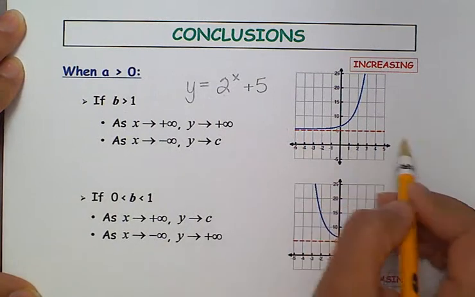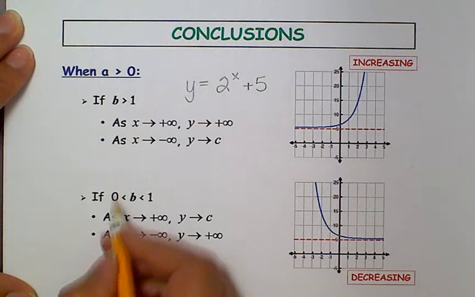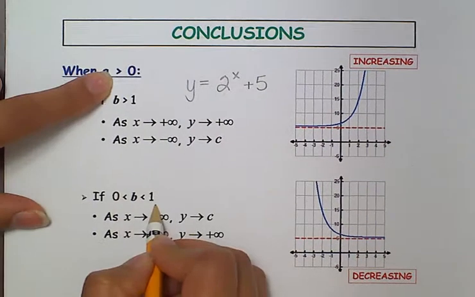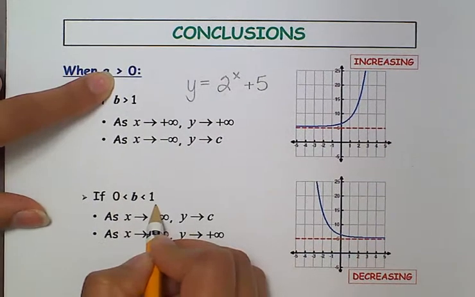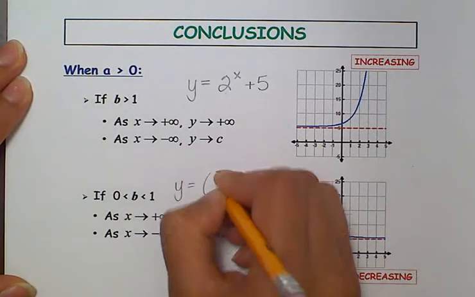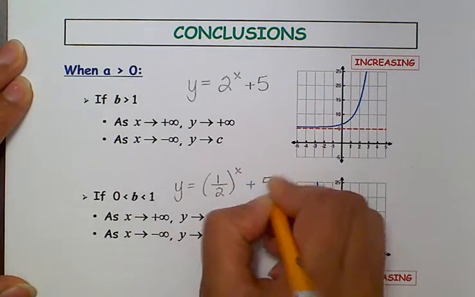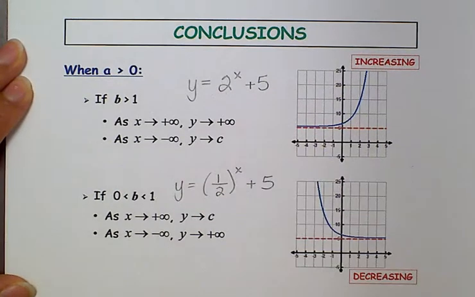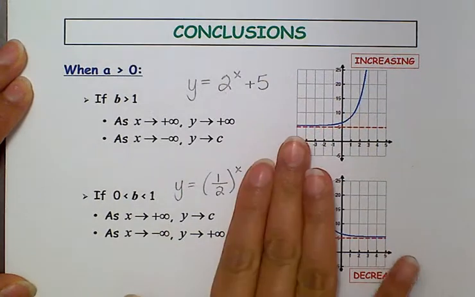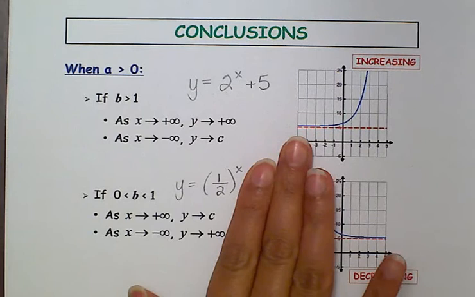Now, if the value of the base is between 0 and 1, no reflection still in the x-axis, no reflections. So here's an example of that. Y equals, let's say you have 1/2 to the exponent x and then plus 5. Because this is already a decreasing graph, this will stay a decreasing graph because there has been no reflections applied to it, okay?